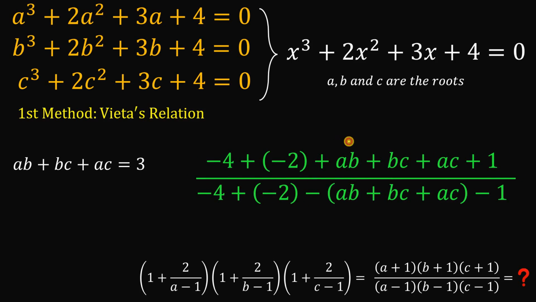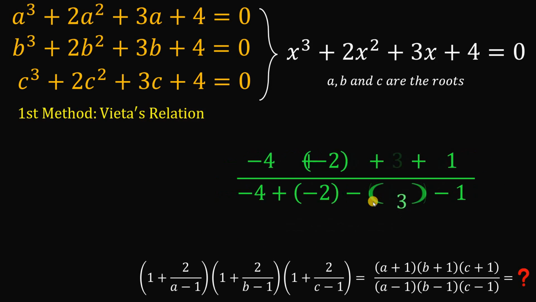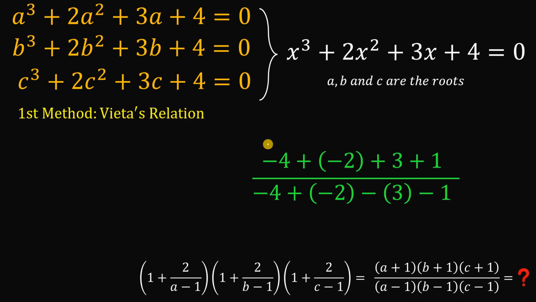And the pairwise product, AB plus BC plus AC, is just positive 3. So we can replace this with positive 3. If we simplify the numerator, negative 4 plus negative 2 is negative 6, plus 4, is just negative 2.